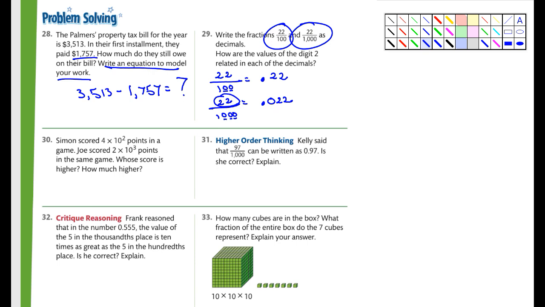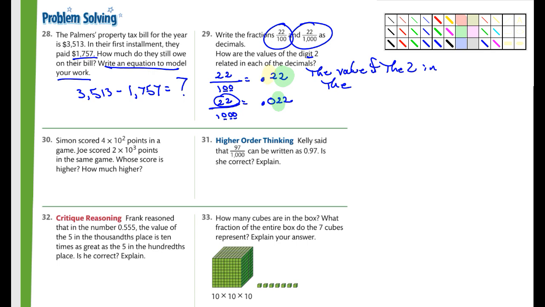So it says, how are the values of the digit 2 related in each of the decimals? Oh, well, that's complicated. So I could say the value of the 2 in the, so here's a 2 in the hundredths place.